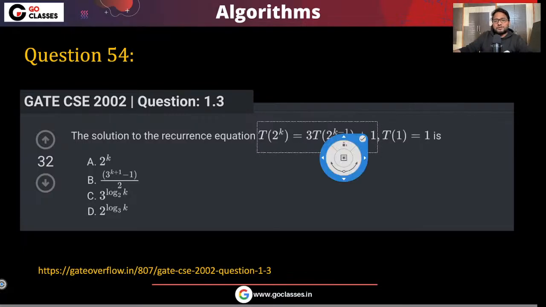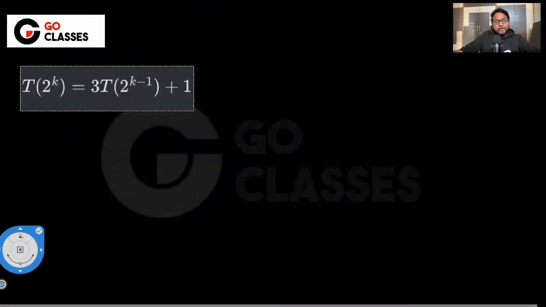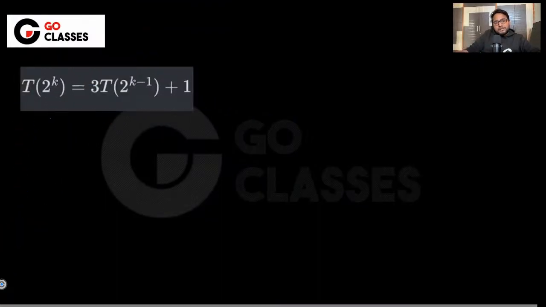We can use the change of variable method, but since they are not using theta or anything, we need to be careful. So let's assume 2 power k to be m. Then 2 power k minus 1 will be m by 2. This is 3T(m/2) plus 1.